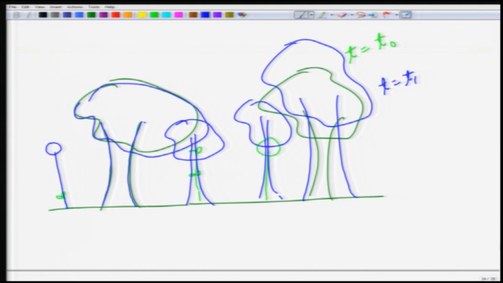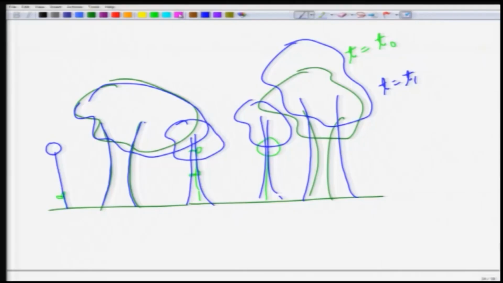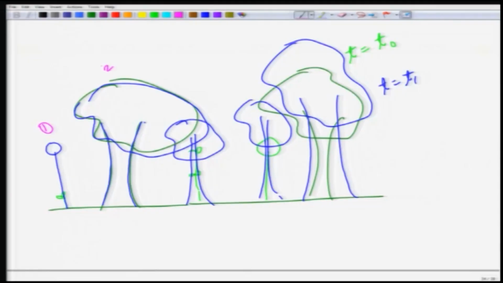Now, between time t 0 and time t 1, there are some plants that have now entered into the calculation. Like this plant number 1, it was counted neither during time t 0 nor in time t 1. This plant was counted in both the time periods.